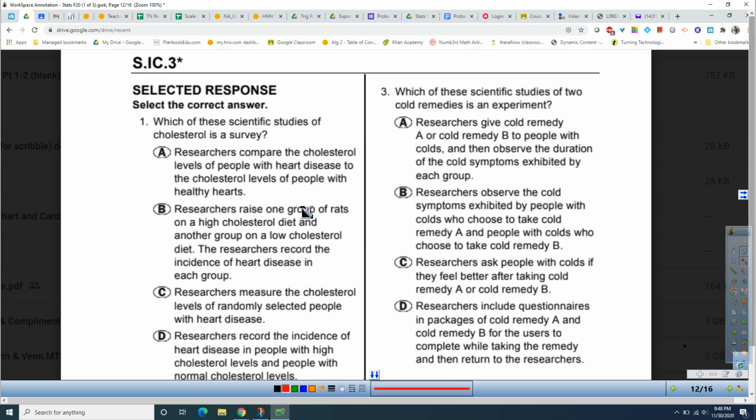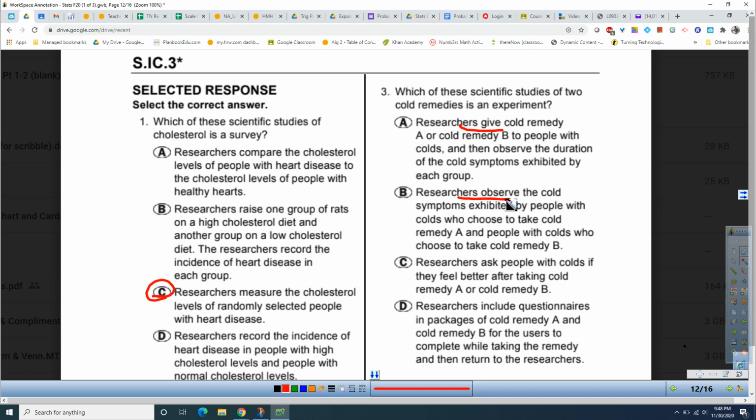Okay, this next page deals with types of studies. This first one's, yeah, it's okay. The official answer to that one is C. Okay. This next one here talks about cold remedies in an experiment. So the first one talks about giving cold remedy A and B to people with colds, and then observing the duration of the cold symptoms. So researchers give, okay, that's important words.